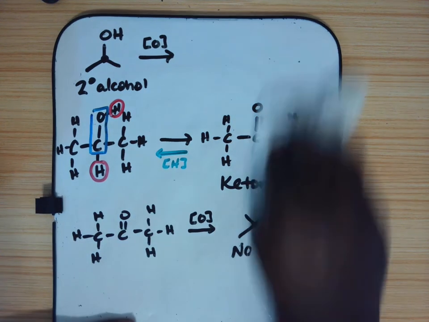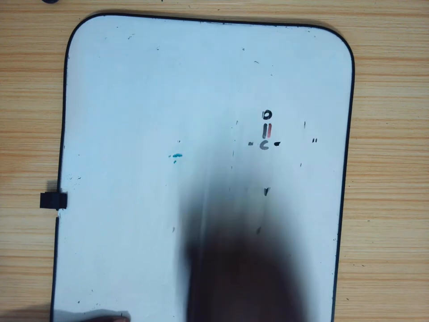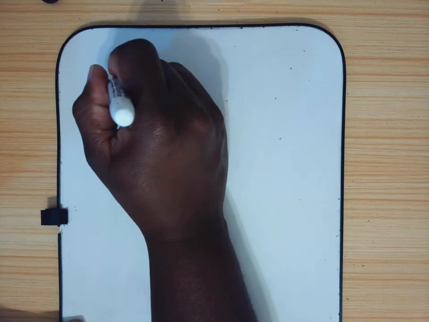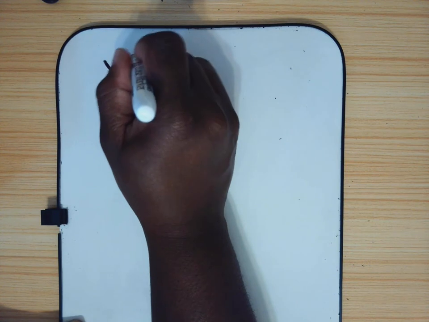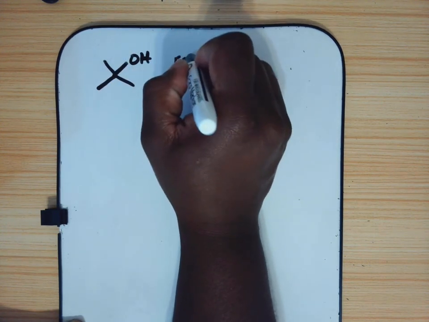And so we've seen that the primary alcohol can undergo oxidation to an aldehyde, which can be further oxidized to the carboxylic acid. We've now seen where the secondary alcohol can be oxidized to give a ketone that cannot be further oxidized. So let's now look at the tertiary alcohol. Look at that oxidation process.